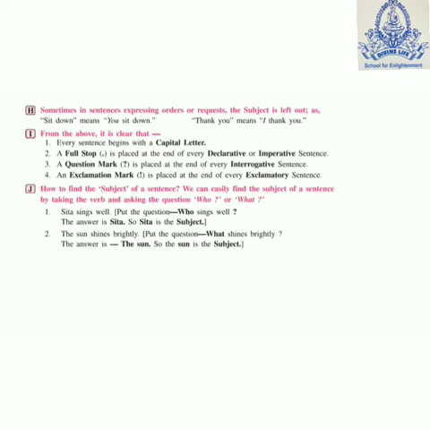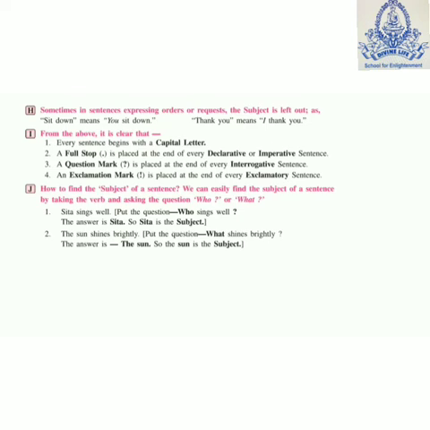Second, a full stop is placed at the end of every declarative or imperative sentence. A question mark is placed at the end of every interrogative sentence. An exclamation mark is placed at the end of every exclamatory sentence.